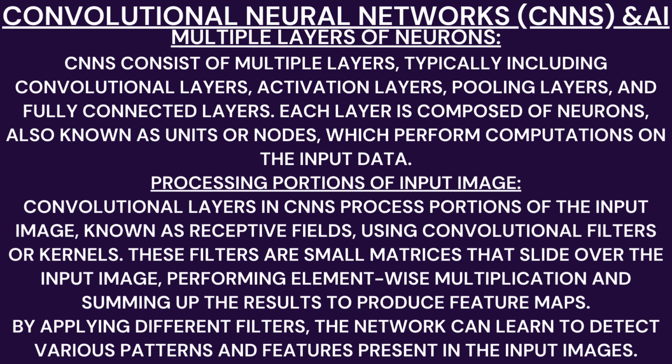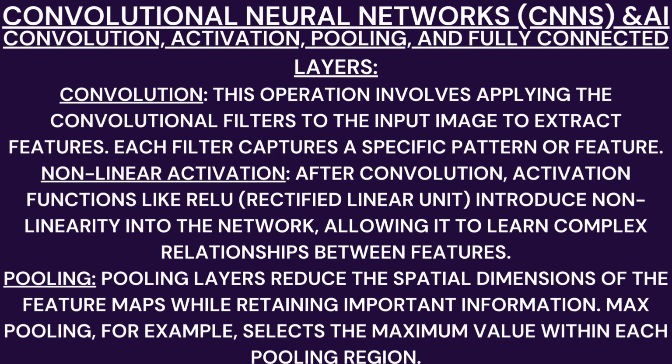These filters are small matrices that slide over the input image, performing element-wise multiplication and summing up the results to produce feature maps. By applying different filters, the network can learn to detect various patterns and features present in the input images.